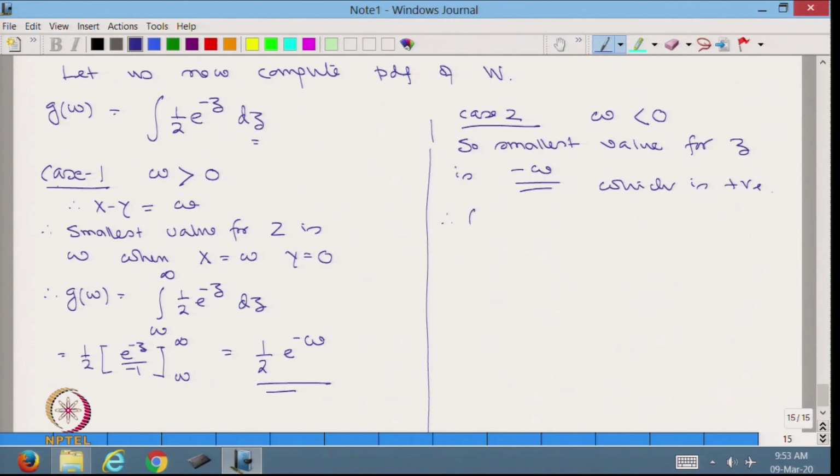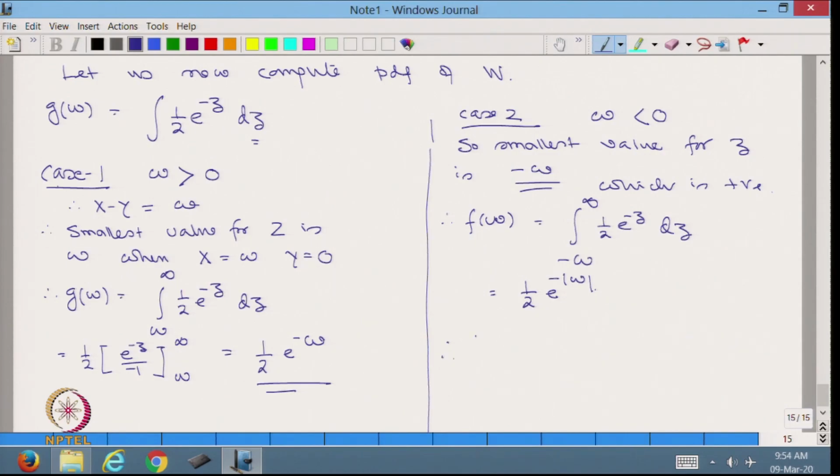Therefore, f_W is equal to integration from minus w to infinity of half e to the power minus z dz, and in a similar way we get half of e to the power minus mod of w.